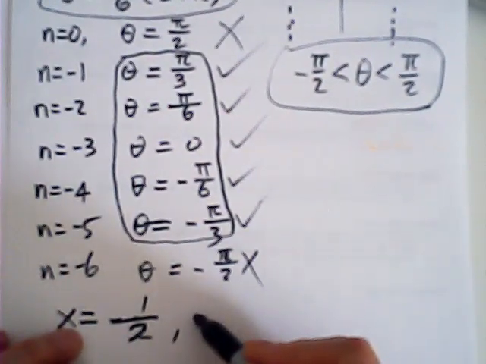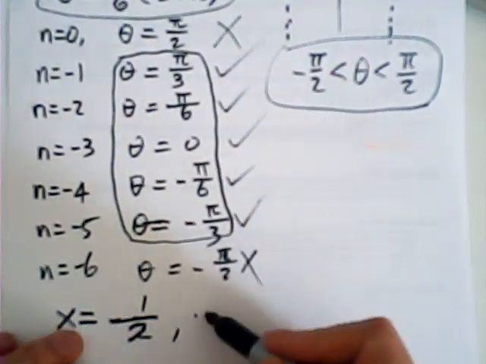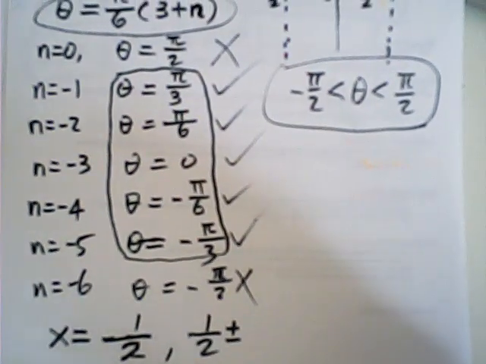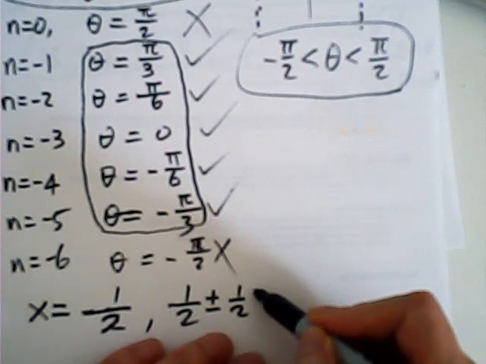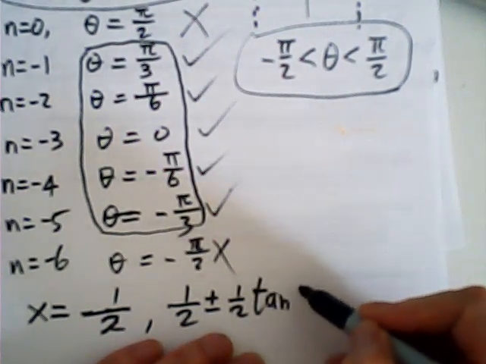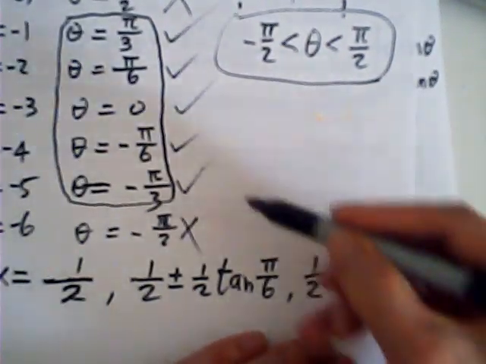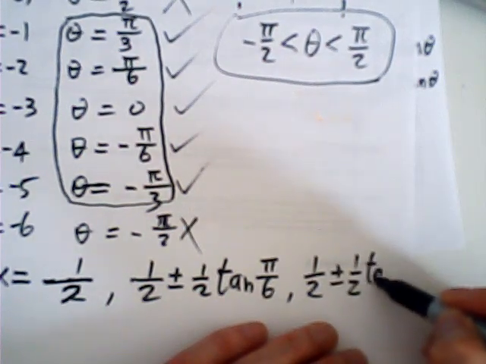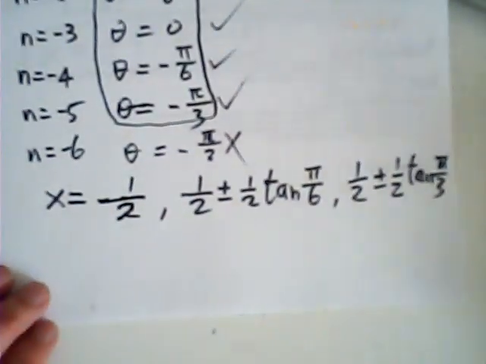And when theta is 1/6 pi, see, the plus or minus half tangent 1/6 pi. When theta is this, it is equal to plus or minus half tangent pi over 3.